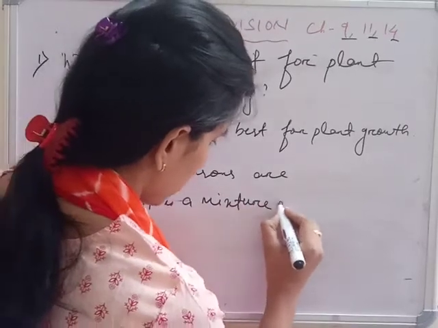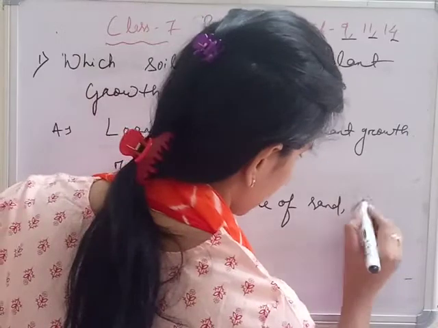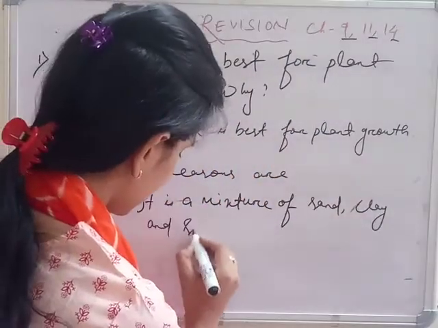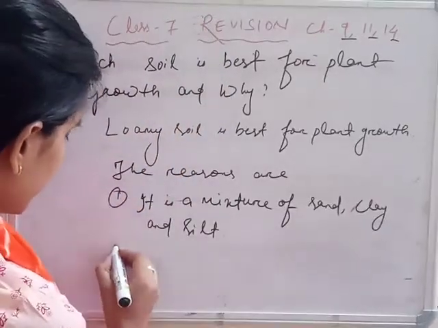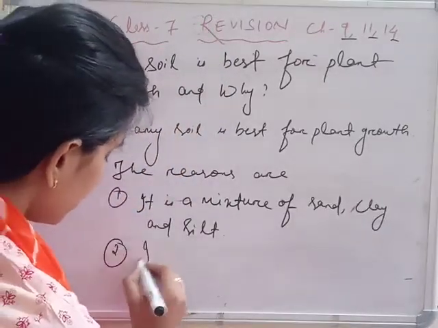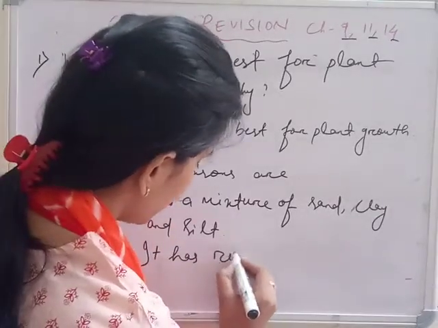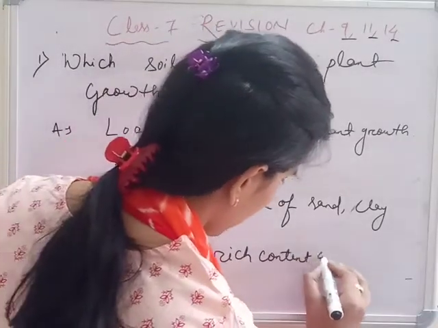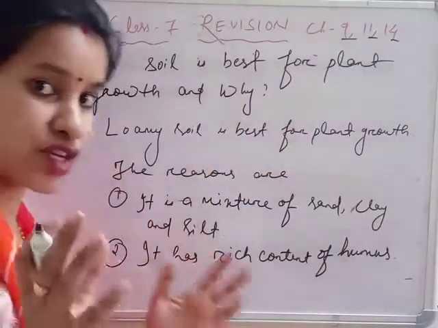Silt is a fine particle, okay? Then it has rich content of humus. It contains lots of humus.